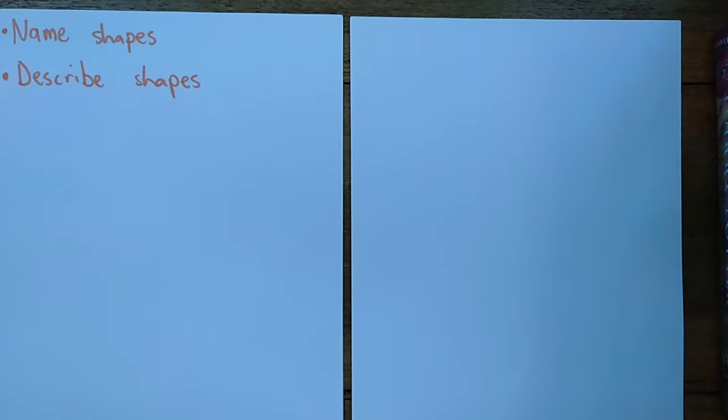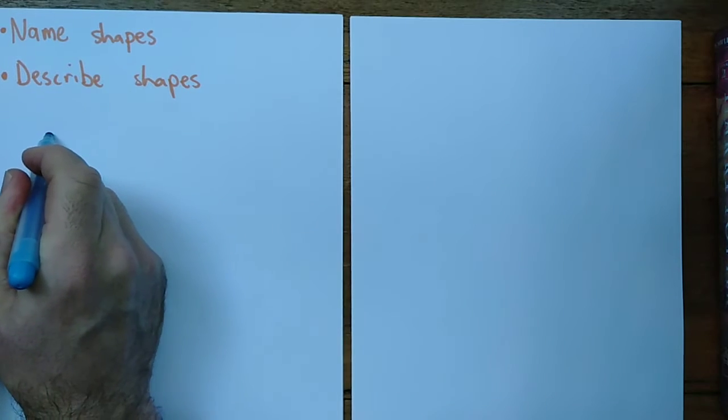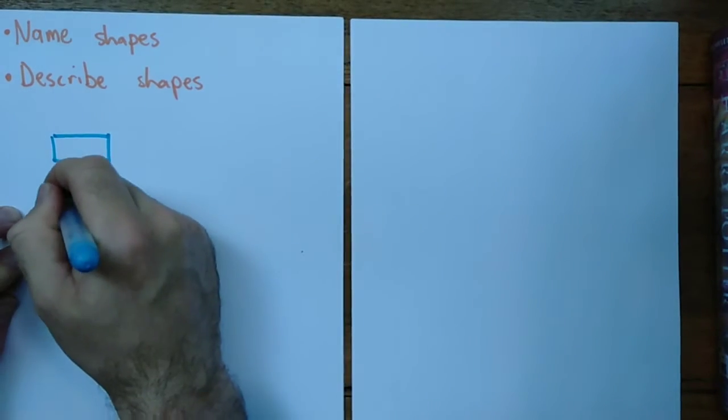So first up, I'm just going to think about naming shapes, and I assume that this is some knowledge that many people already have. So I can draw something like this and give it a name, like a rectangle.